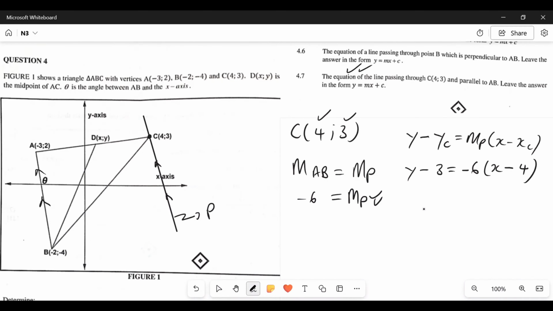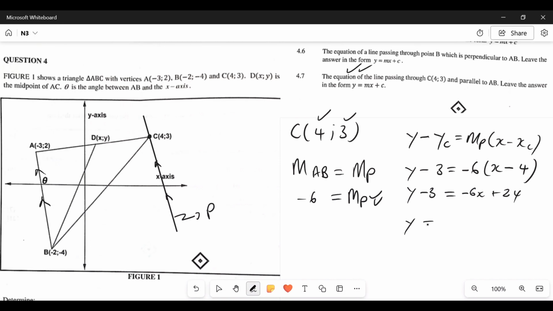There we go. And then from there, we remove the bracket on the right hand side, but on the left hand side we keep writing y minus 3. And then when you remove the bracket, we multiply by -6 there, we're going to have -6x, and -6 multiplied by -4 is going to give us +24. And then from there we have to transpose this -3 to the right hand side.